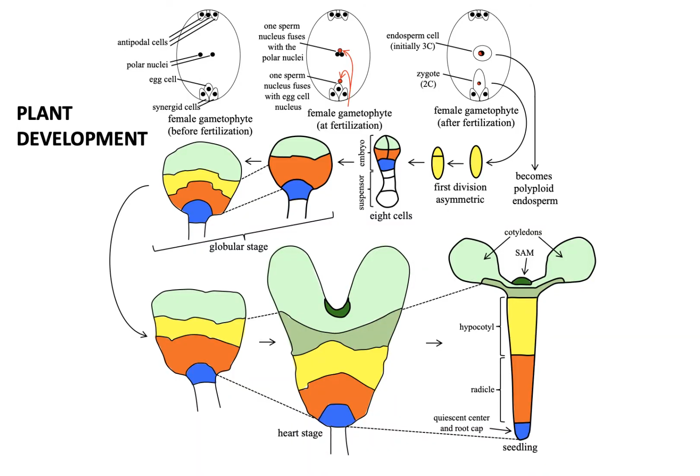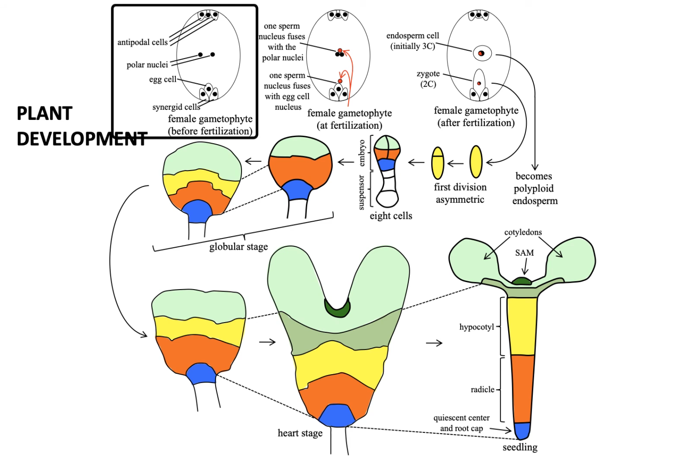This is a representation of a general developmental pattern for a typical dicot. In the ovary of the flower, you would have something that looks like this. Now, in gymnosperms, it would look different than this, but this is just for primarily an angiosperm.